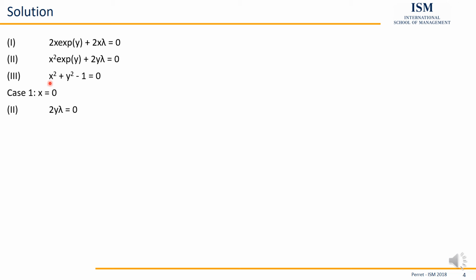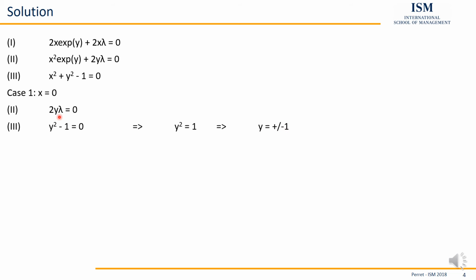If we insert 0 for the x in the third equation, we get this. Since here we only have one variable, we can solve this for y. So we bring the 1 to the right side. We take the square root, giving us a solution of plus minus 1 for y. Now you might be a bit skeptical.